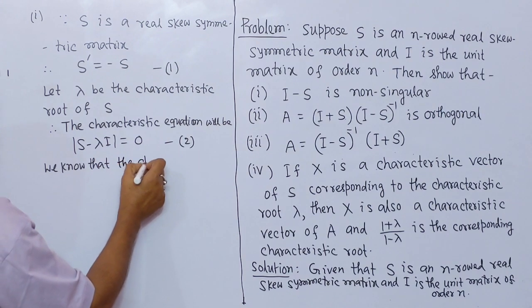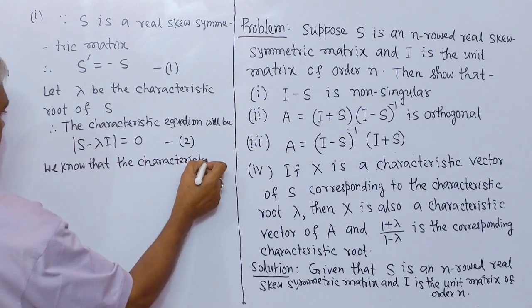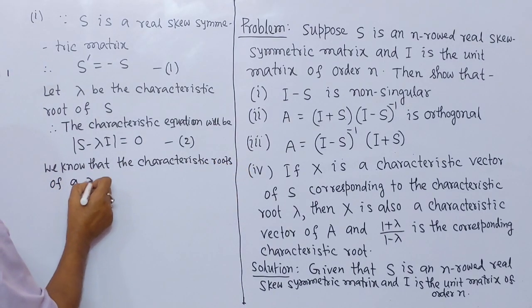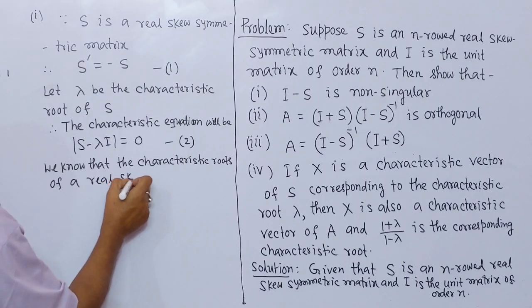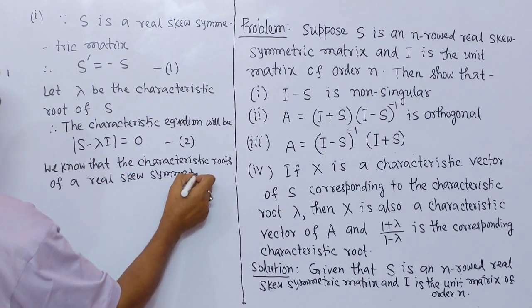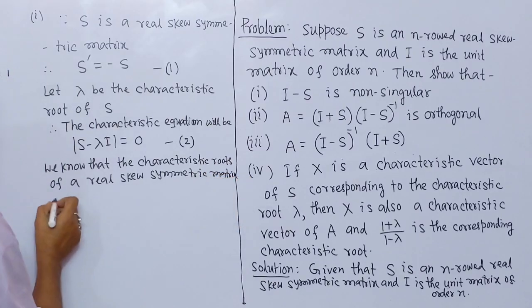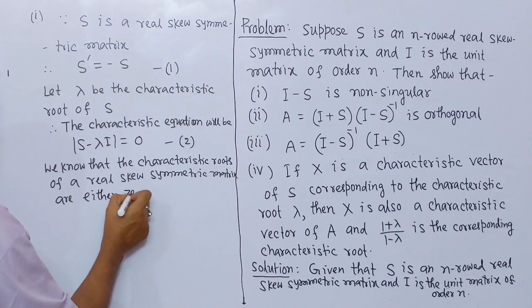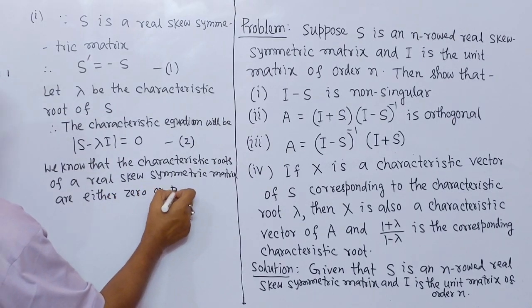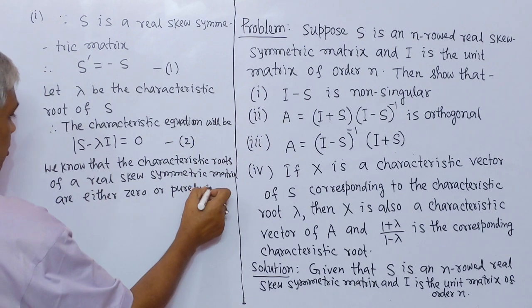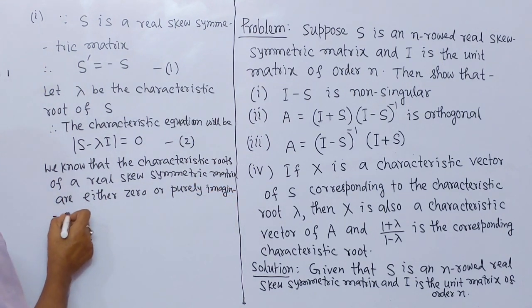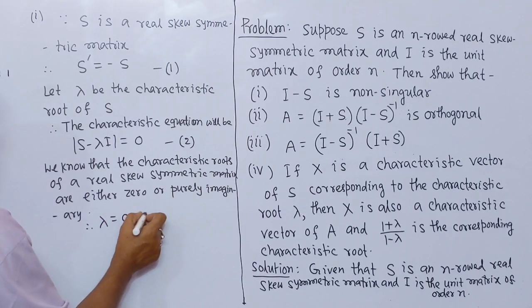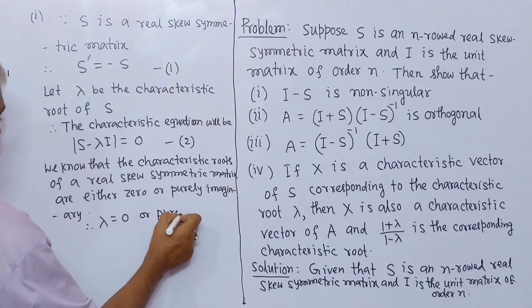We know that the characteristic roots of a real skew symmetric matrix are either 0 or purely imaginary. Therefore, lambda equal to 0 or purely imaginary.